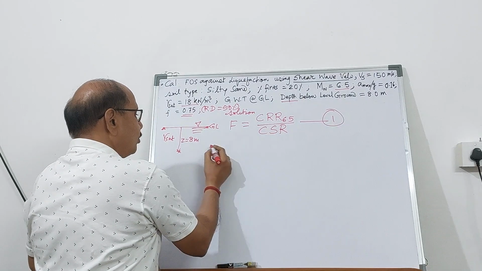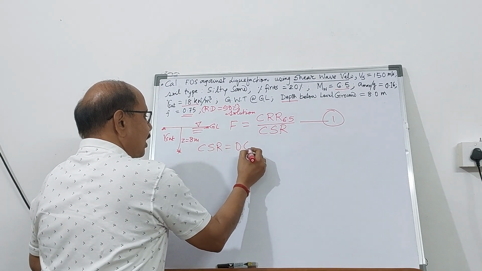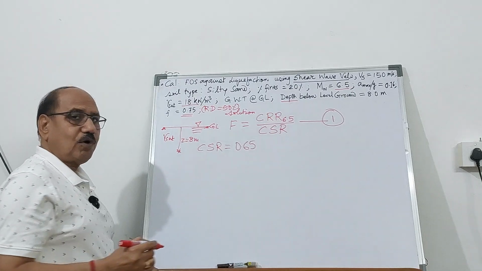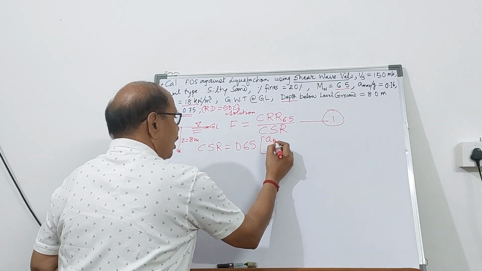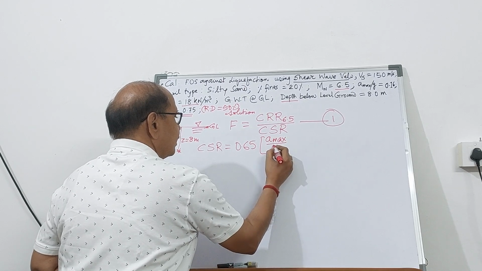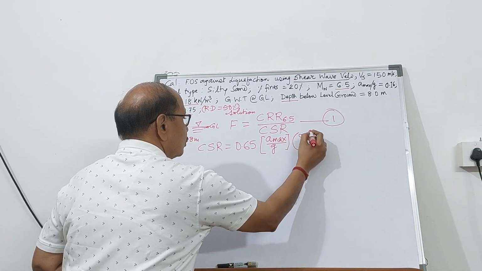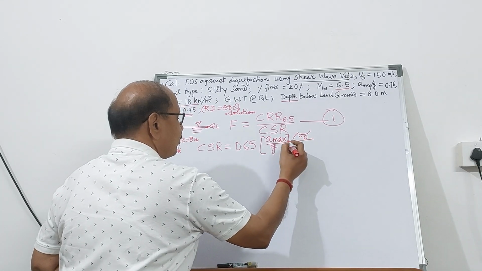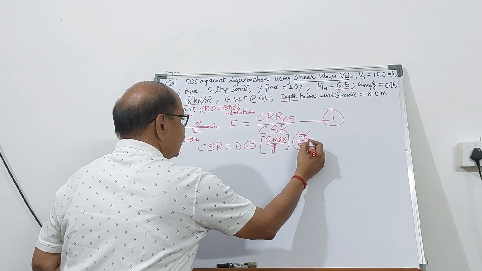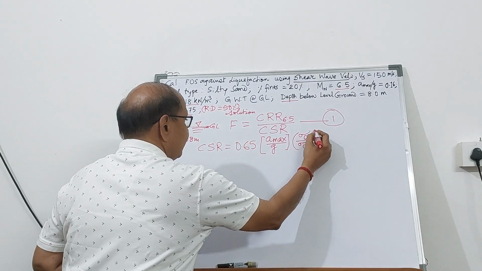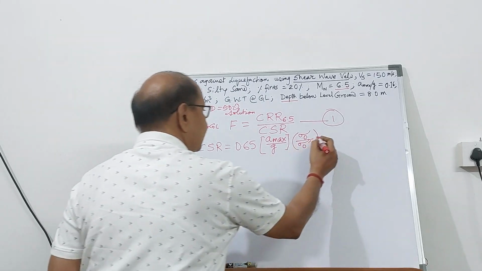So first of all, the denominator CSR, we know it is given by the equation 0.65 into peak ground acceleration Amax divided by g, into sigma naught, the total overburden pressure at Z equal to 8 meter, divided by effective overburden pressure at that point, into reduction factor.